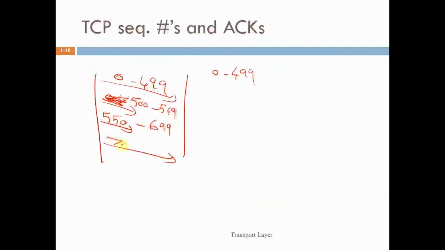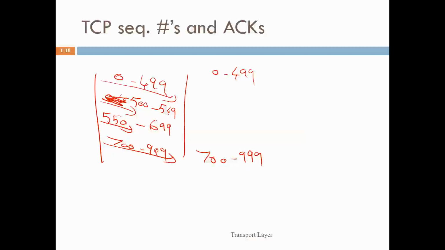And then you have 700 to 999. So let's say the first one arrives correctly, the second and third one are lost, and the fourth one arrives correctly. So now there is a gap. B doesn't know whether this gap will be filled by one packet or not. It just knows that there is a gap in bytes from 500 to 699.